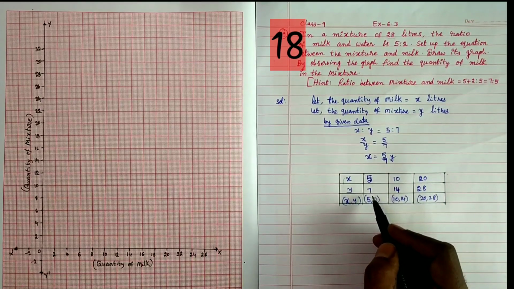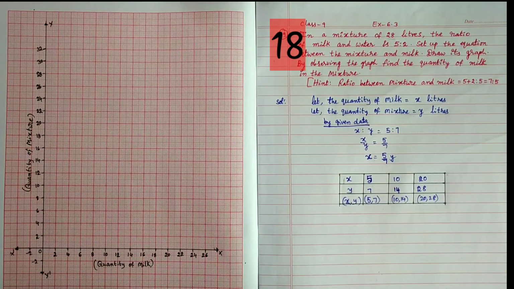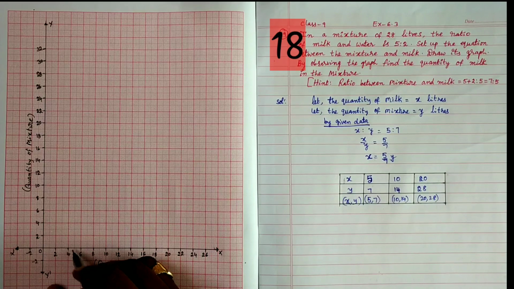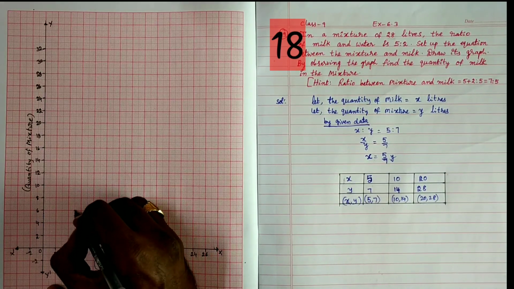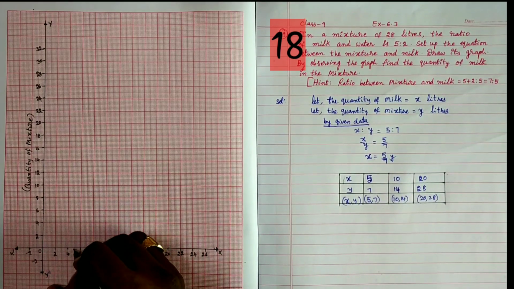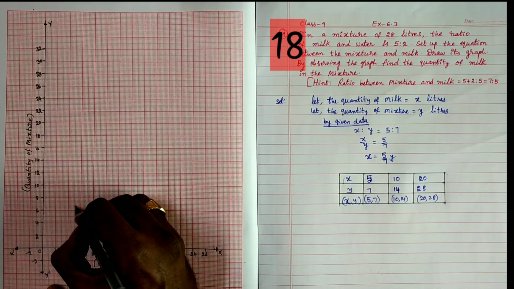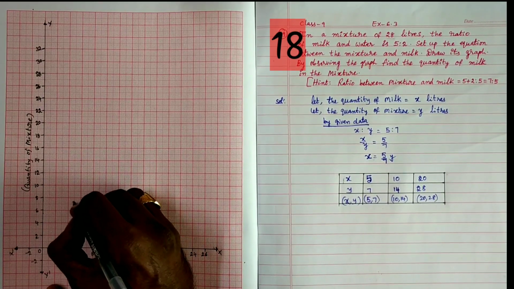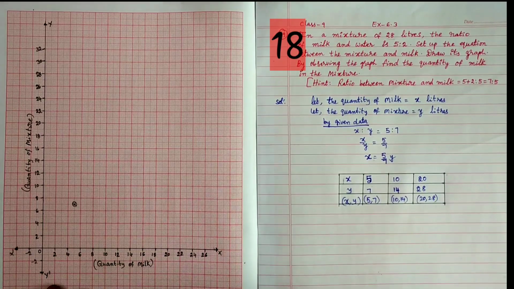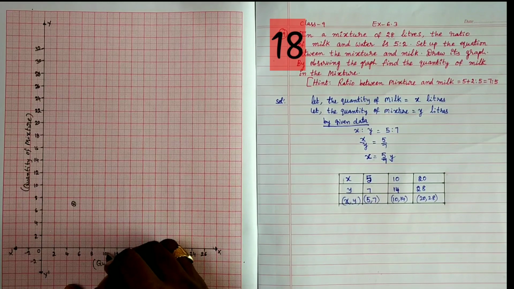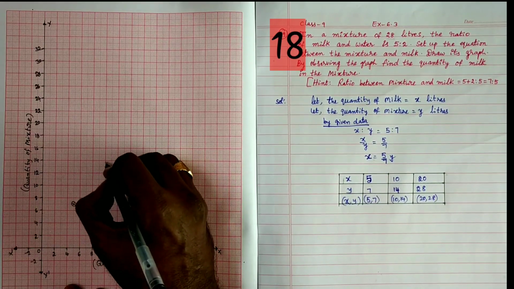So the first point is 5 comma 7. So the middle line indicates 5. So 5 comma 7. So between 6 and 8 is 7. So this is the point, indicates 5 comma 7, and 10 comma 14, on x-axis 10, y-axis 14.